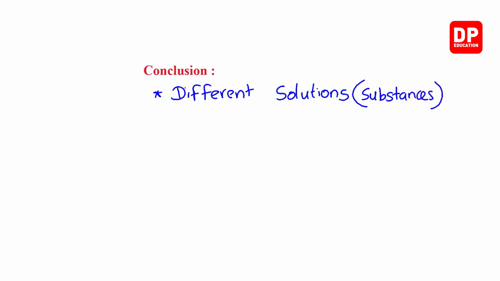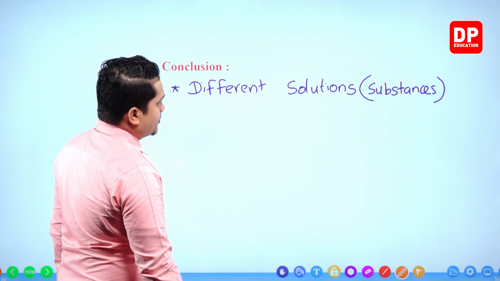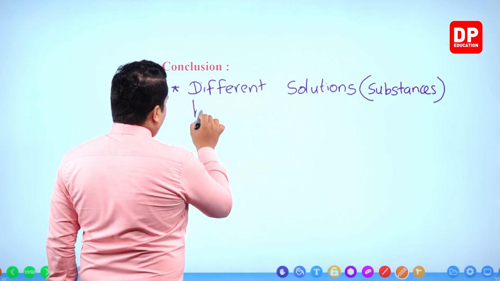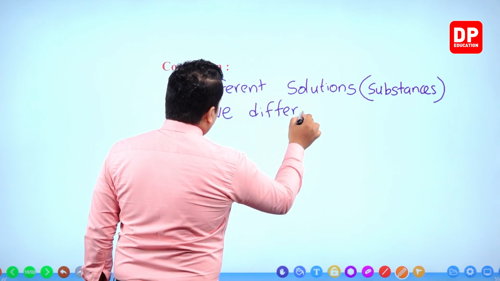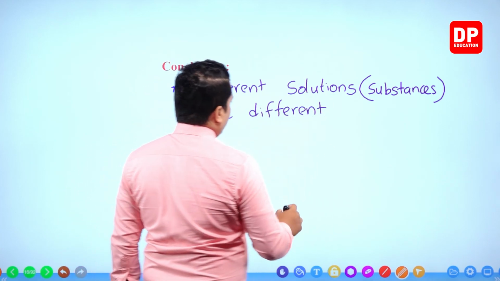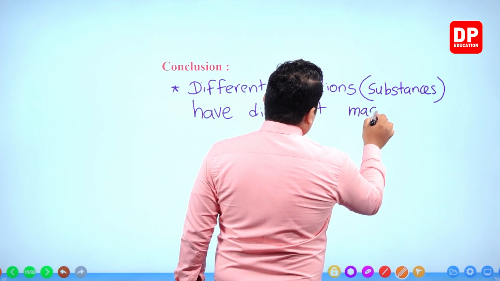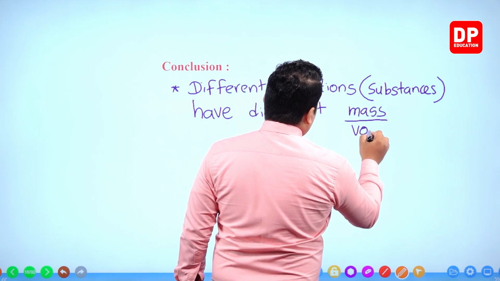You can write that different solutions, that means substances, different solutions or different substances have different mass over volume ratio.